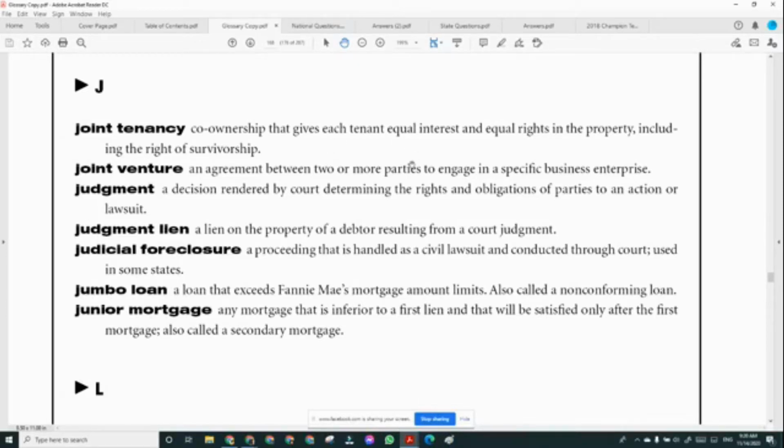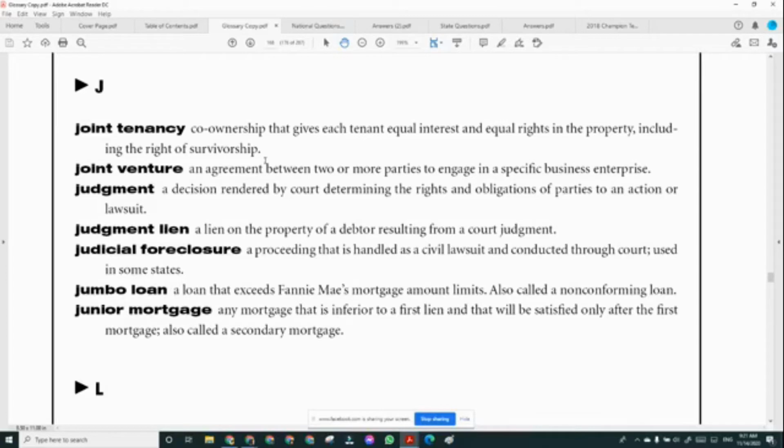Or a tenant. So it's co-ownership, 2 individuals minimum owning a property with equal interest and equal rights in the property, including the right of survivorship. And so this one stands for an acronym called T-TIP.